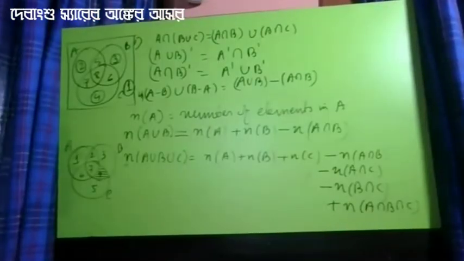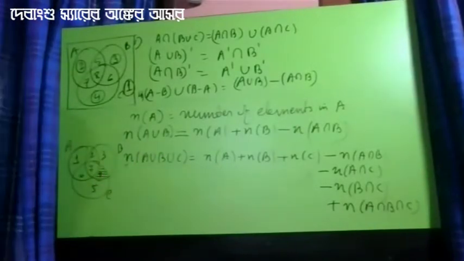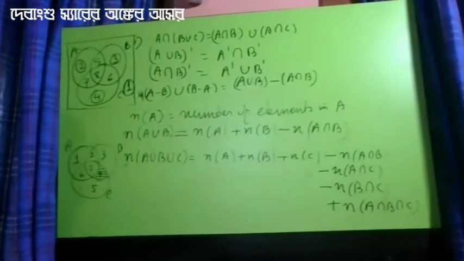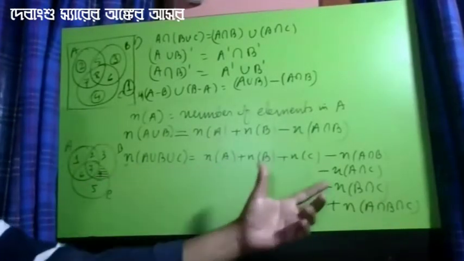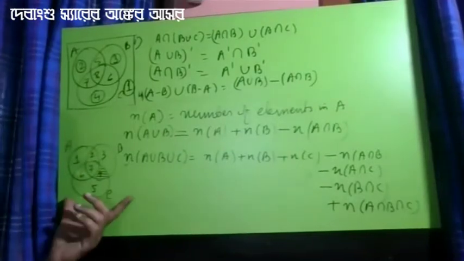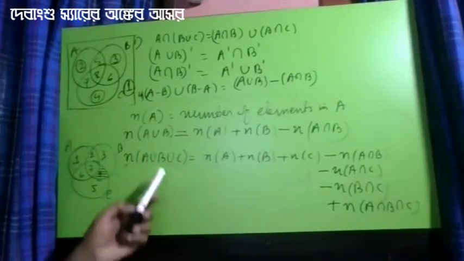Now see, to calculate the number of elements of any set or combination of sets, the role of the Venn diagram is very important. The Venn diagram tells us what to add and what to subtract. So you should follow the Venn diagram when you need to calculate the number of elements of any of these sets.